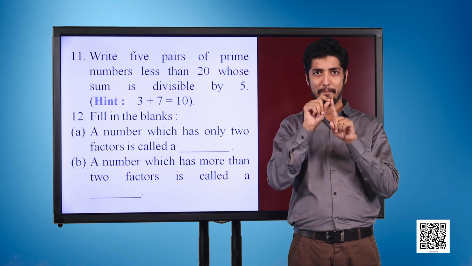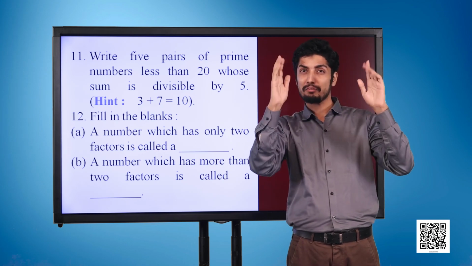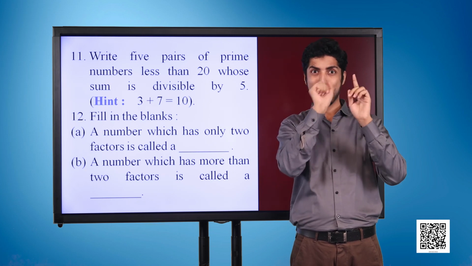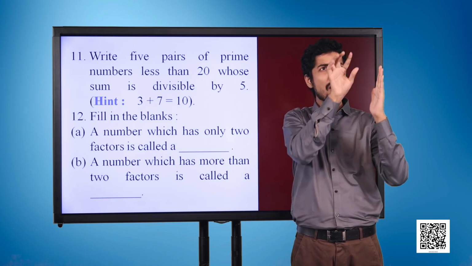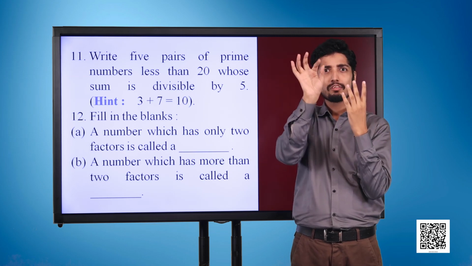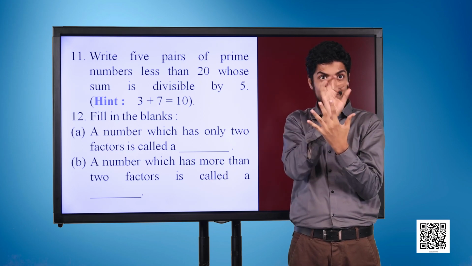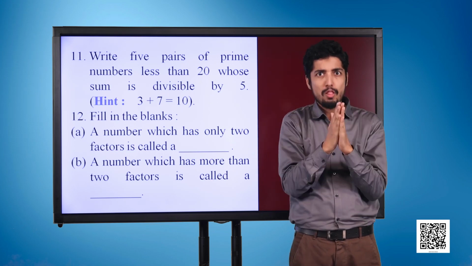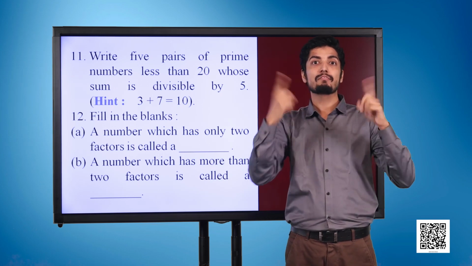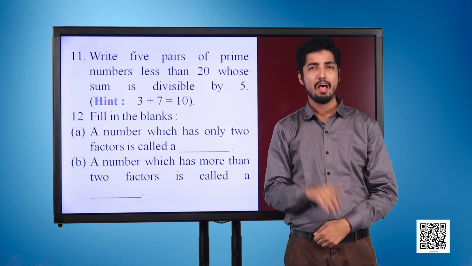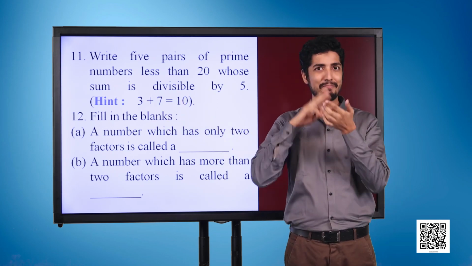Write 5 pairs of prime numbers less than 20 whose sum is divisible by 5. Hint: 3 plus 7 is equal to 10.